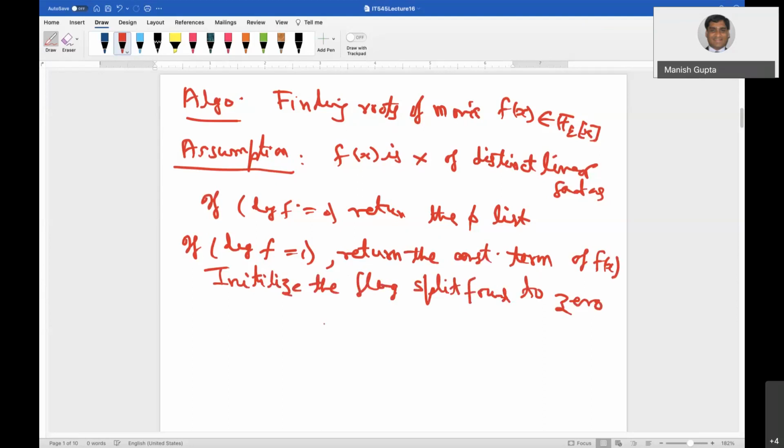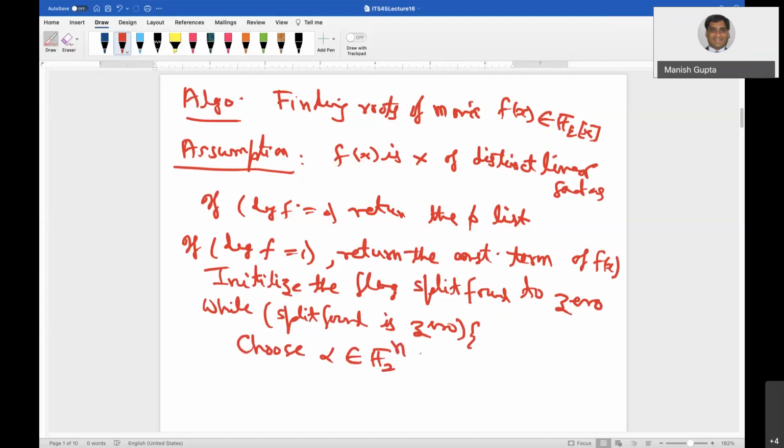While split found is 0, we apply a while loop. Choose alpha in F2 raised to power n randomly, just like the previous algorithm.